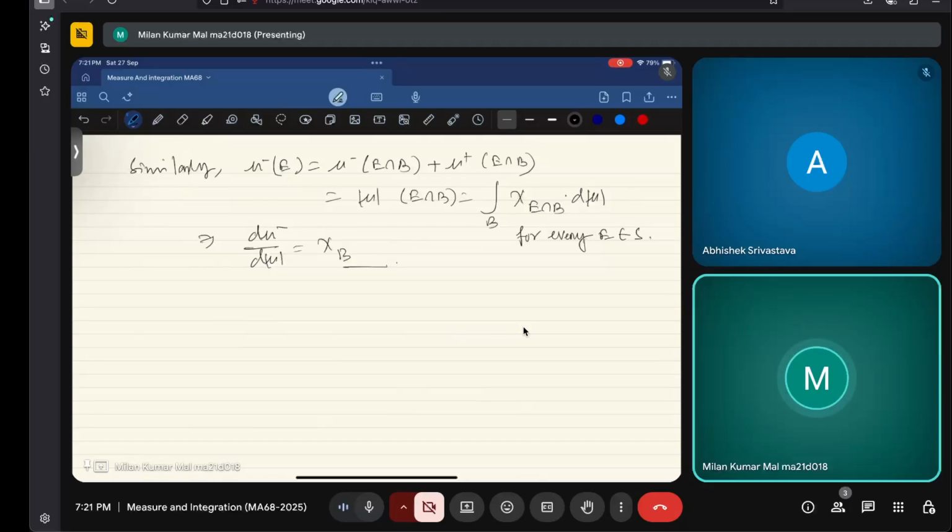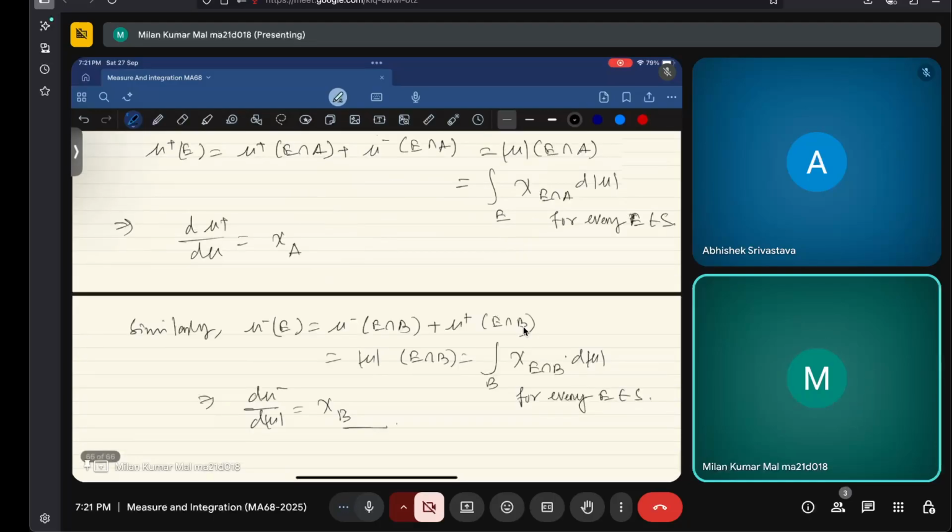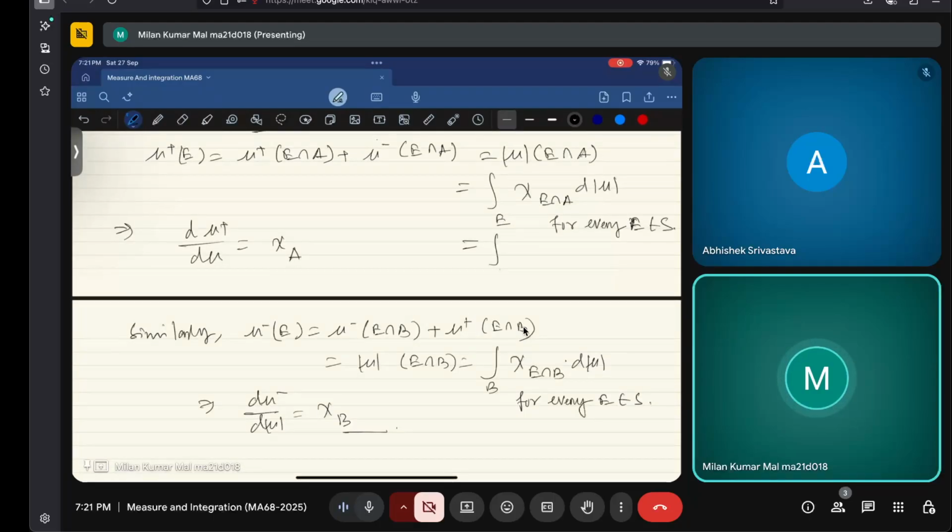Basically this can be written as the integral over A, where the functions are the characteristic function of A and the characteristic function of B.